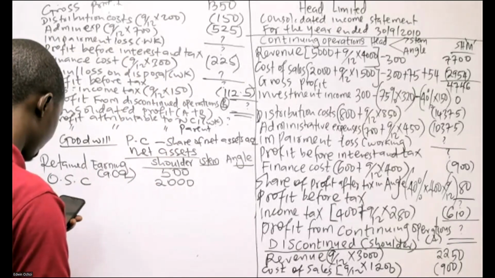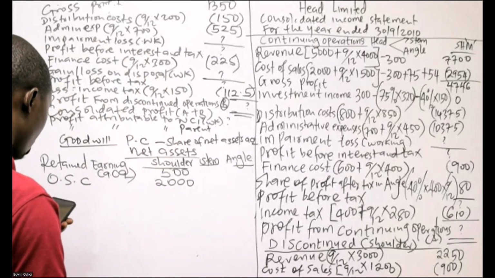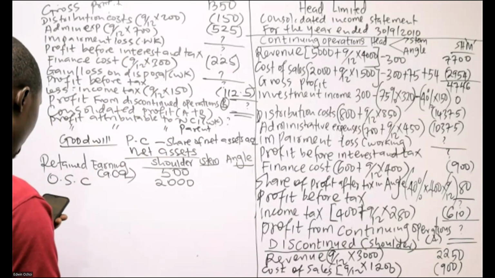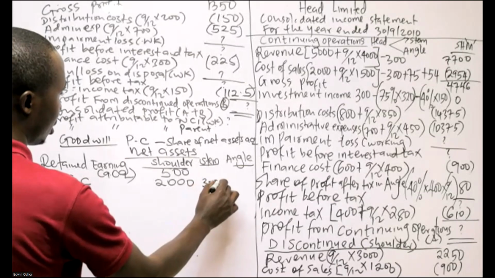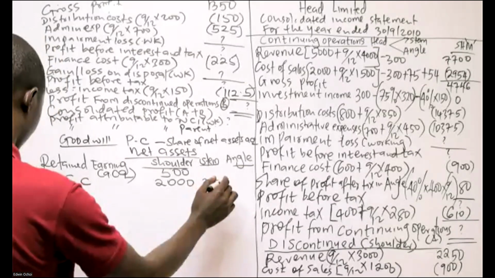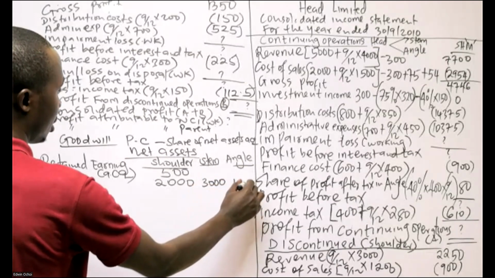Additional information number 2, whereby I am provided with ordinary share capital of these ones, 3,000 and 1,000.